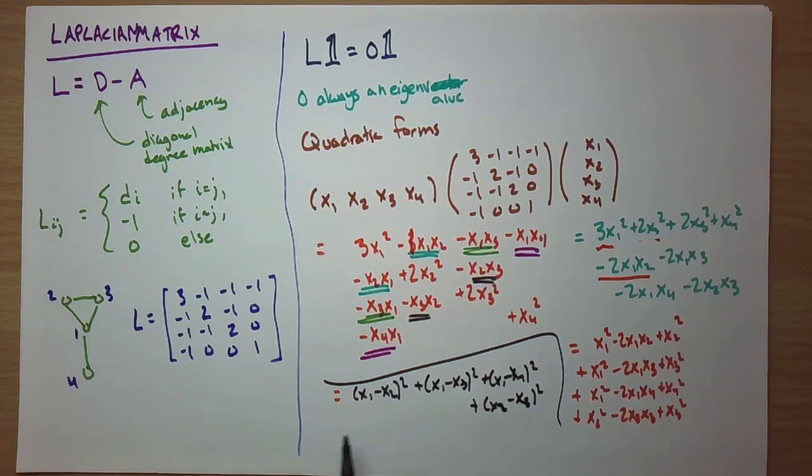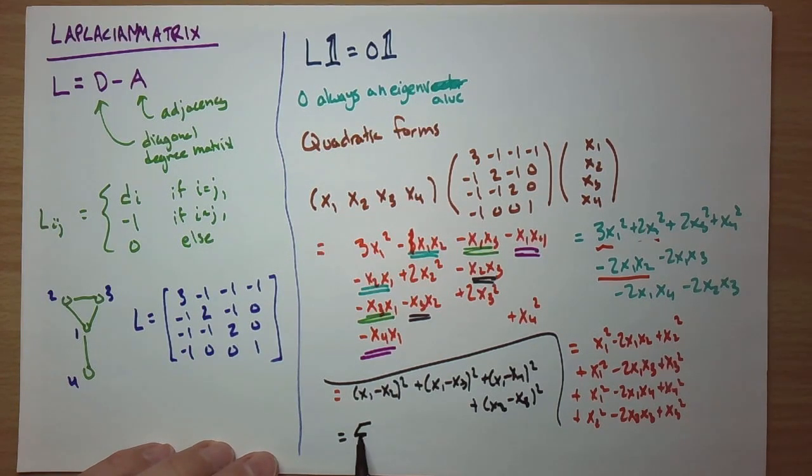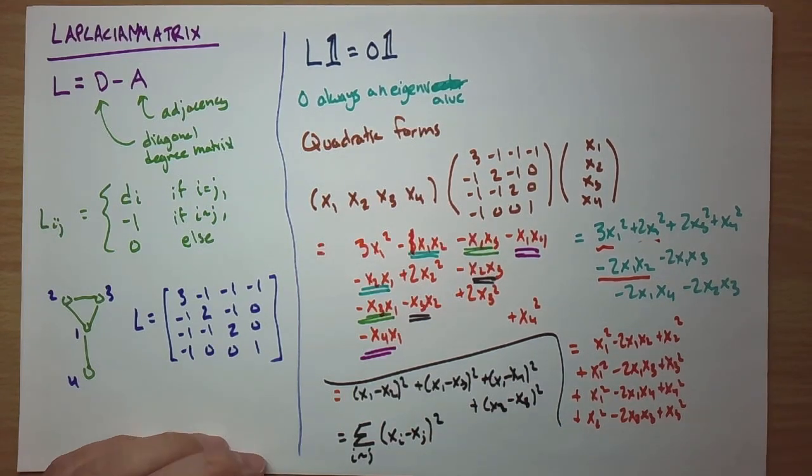Now let's see these pairs here: 1, 2, 1, 3, 1, 4, 2, 3. What are they? They're the edges. It turns out this is the sum over i adjacent to j of xi minus xj squared. And that's true not just for the paw graph, true for all graphs for the Laplacian.